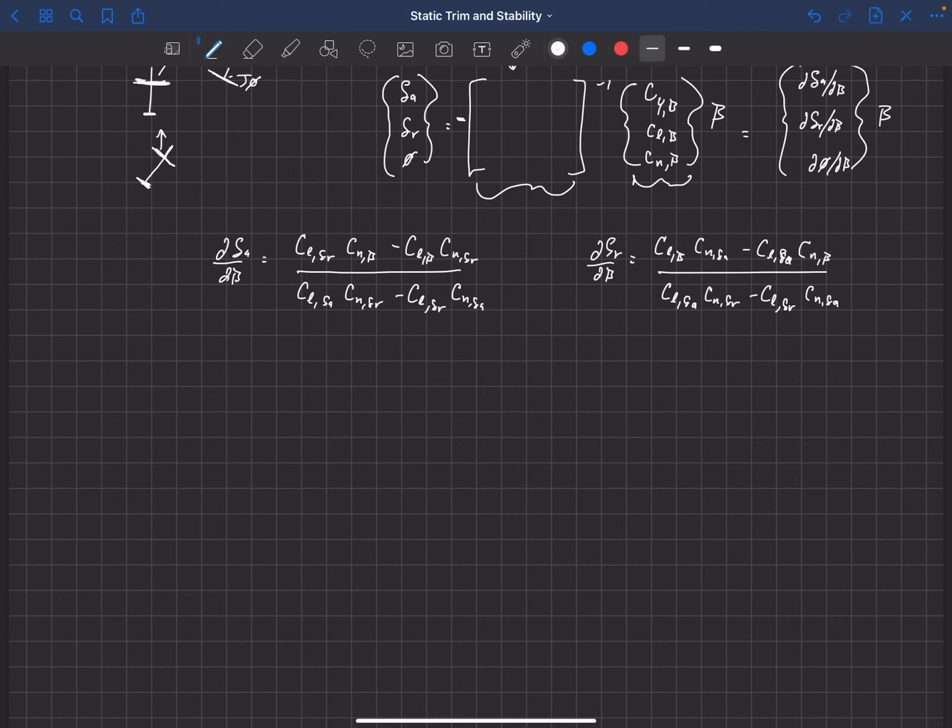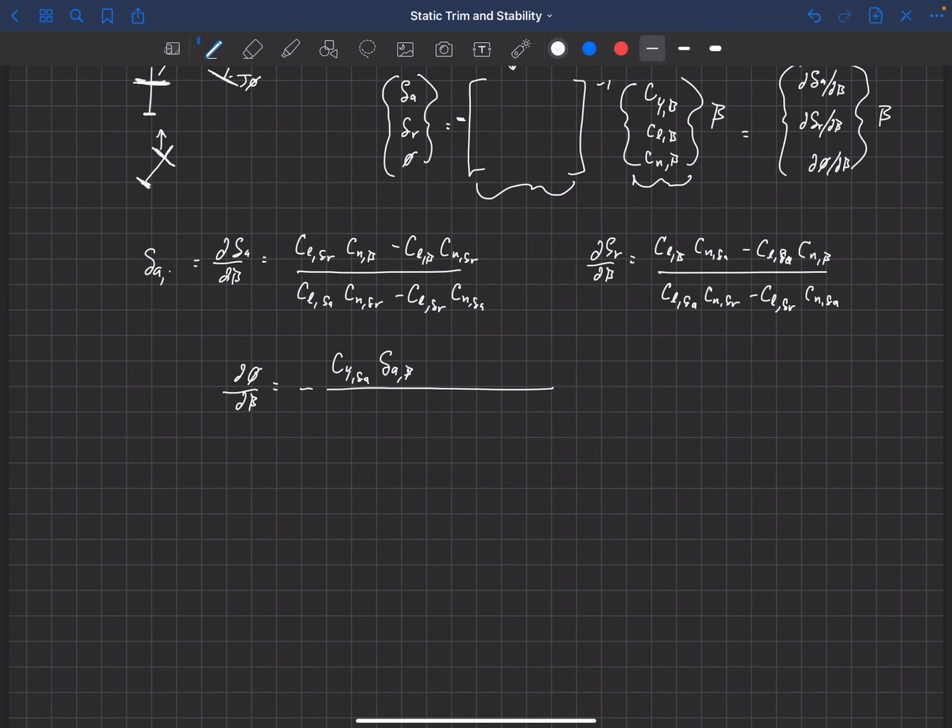And then the change in phi with respect to beta comes out to be the negative of Cy comma delta A times, I'm going to call it delta A comma beta. That's what this is here.